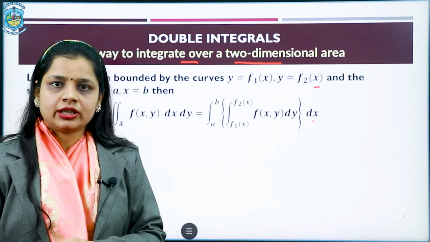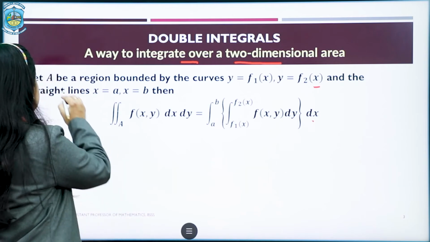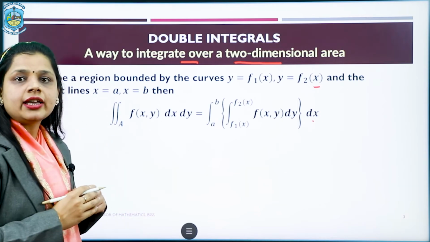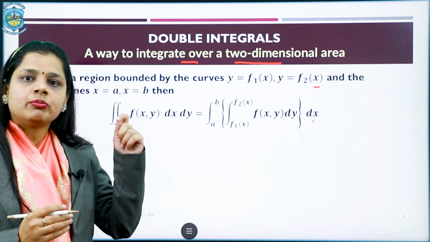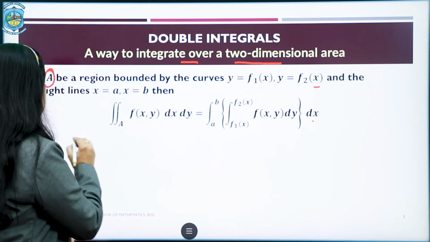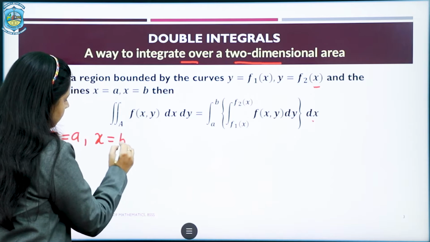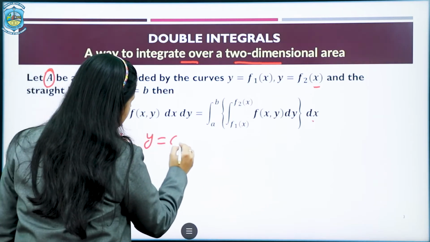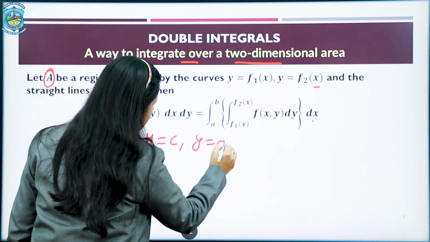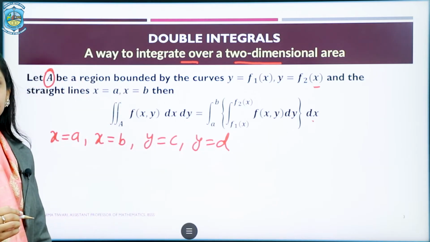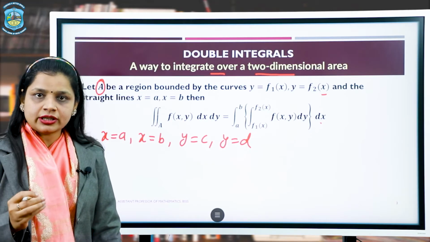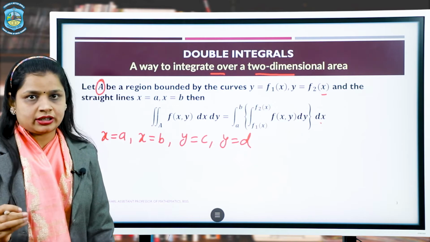Now, one important remark: if this region A is a rectangle bounded by x equal to a, x equal to b, y equal to c, and y equal to d, then the order of integration does not matter.